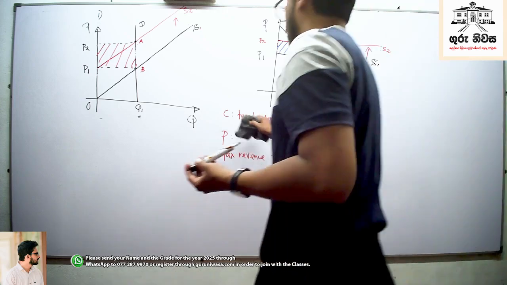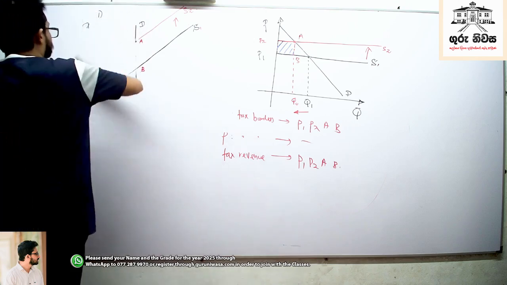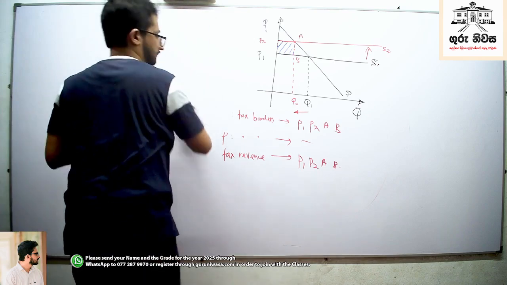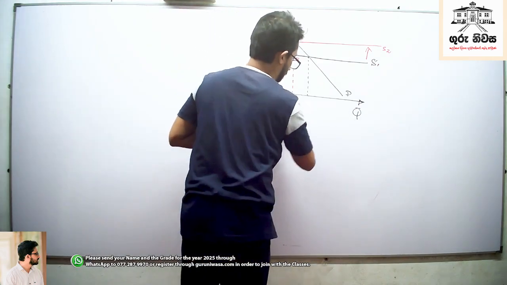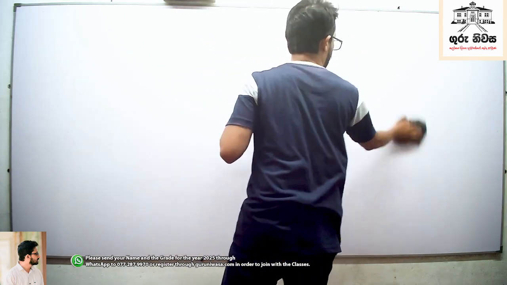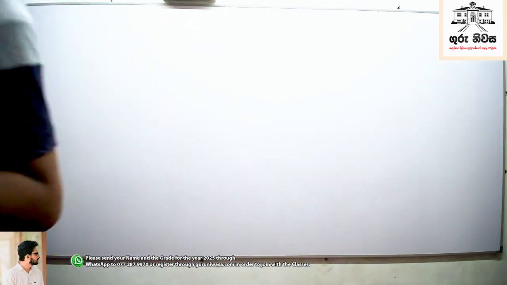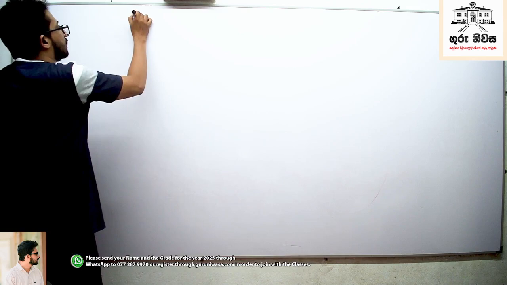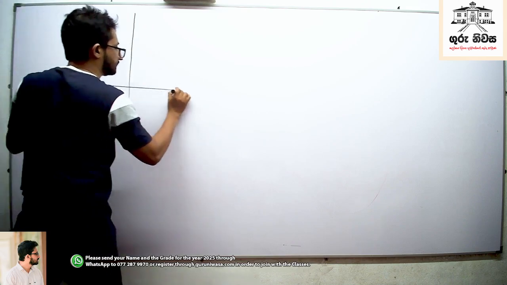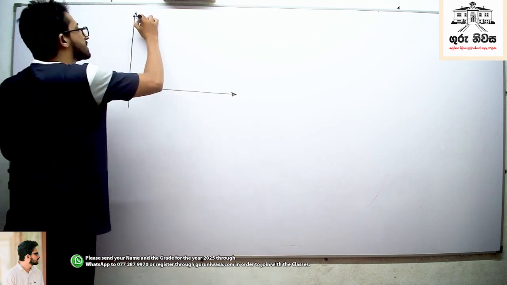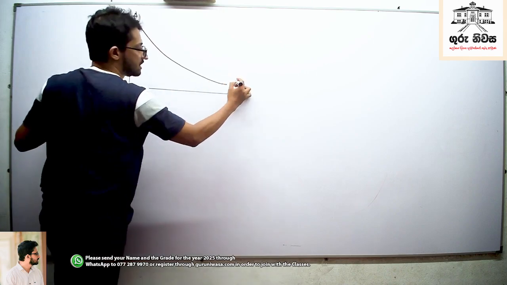Right. Here both are unitary. Can you remember the unitary demand curve? The unitary demand curve is a rectangular hyperbola shape. It goes like this. This is the unitary demand curve.